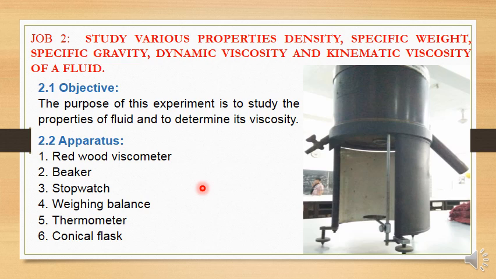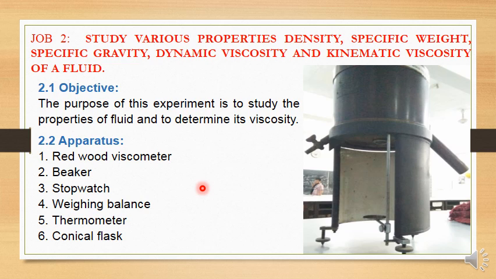Before performing this experiment, and to understand the demonstration and instructions of this particular job, you must go through the second part of your theory lecture of chapter number 1, the physical properties of the fluid. You need to have an idea about all those physical properties that we have discussed in detail, their formulae, and how to determine them.